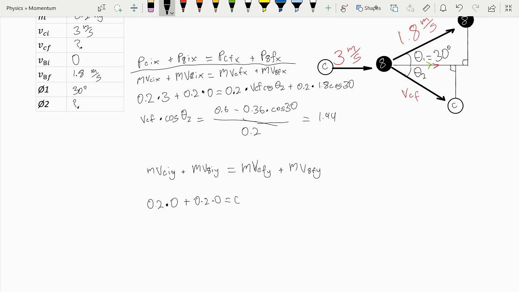So this is just 0, and it's equal to the mass, 0.2, multiplied by the velocity of the cue ball finally in the y direction. So this is VCF sine theta 2, because the y component part of this, I'm going to label in red.